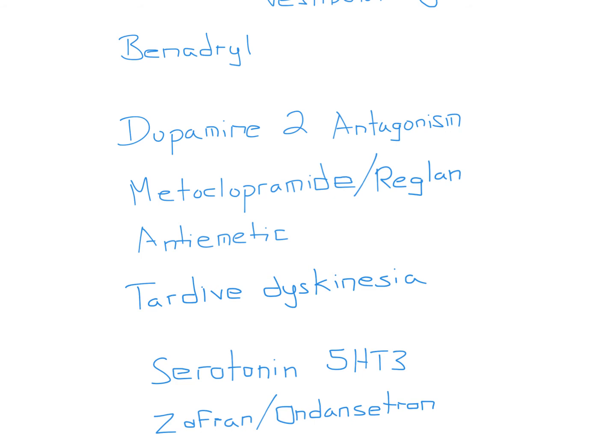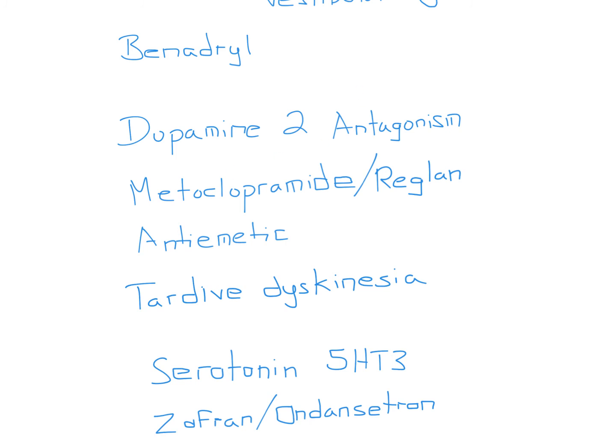Something the boards like to test you on for Reglan is tardive dyskinesia, which is a movement disorder. For example, it can be lip smacking or foot tapping, just these small repetitive movements, because if you remember, dopamine is involved with motion. People typically associate it with the pleasure hormone, but in reality, it's also associated with motion.